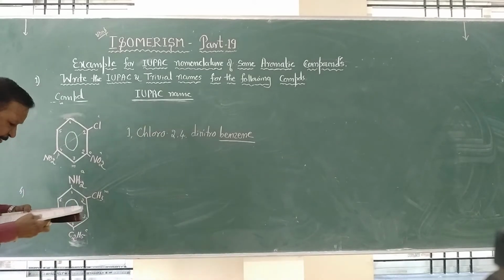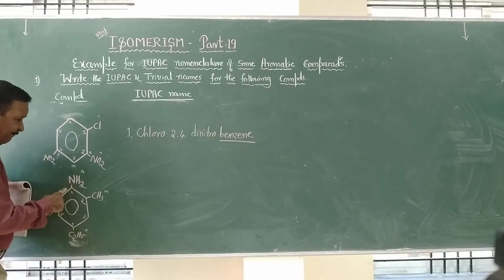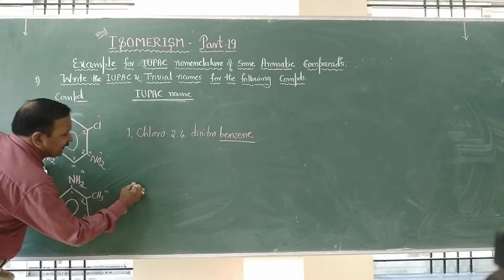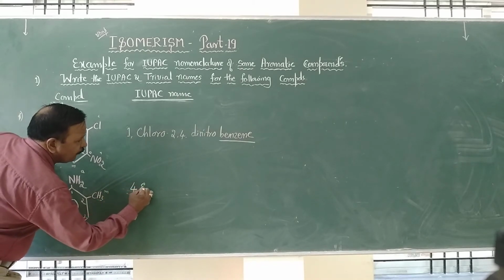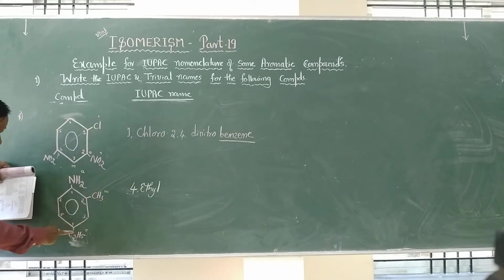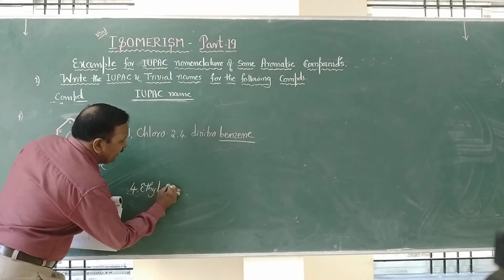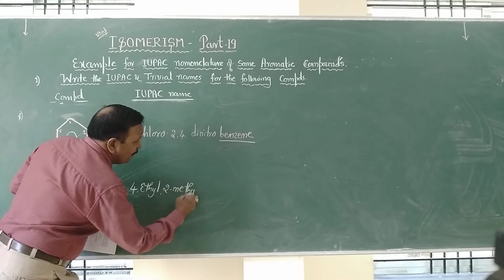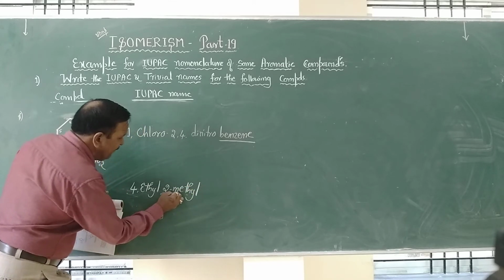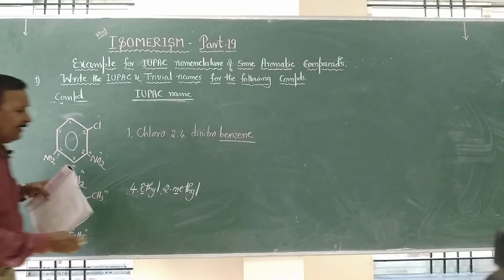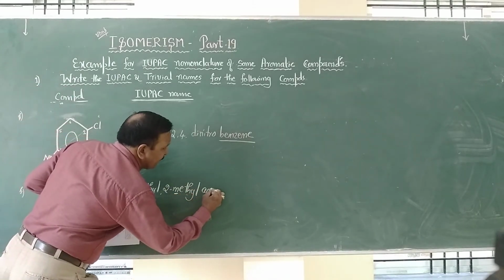Hence we can name this compound as 4-ethyl, 4-ethyl, because E alphabetical letter first, 4-ethyl. After E, 2-methyl will come, methyl, 2-methyl, E first, and totally that will be aniline.